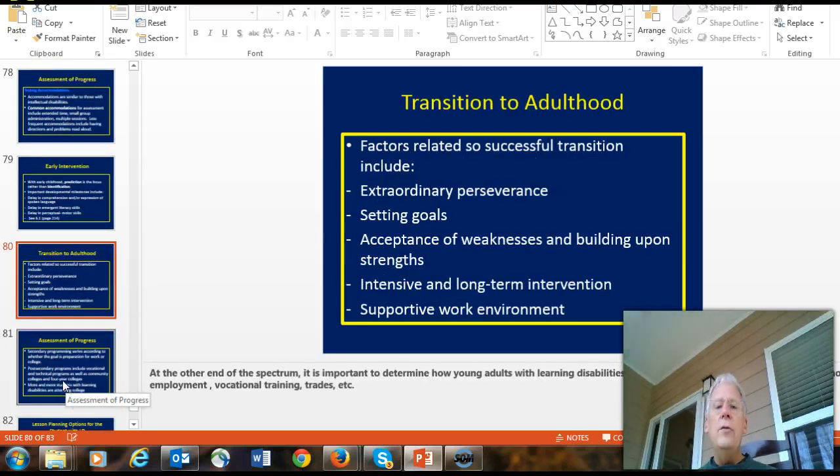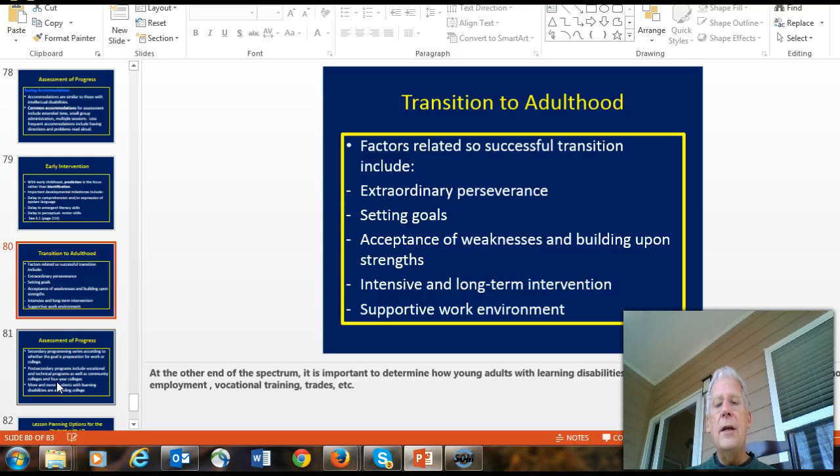Now, as we move into adulthood, again, we've spoken about the idea that once a student turns 16 and has an IEP, they need to be a part of the decision-making process in terms of their future. And we've spoken about the transition plan.